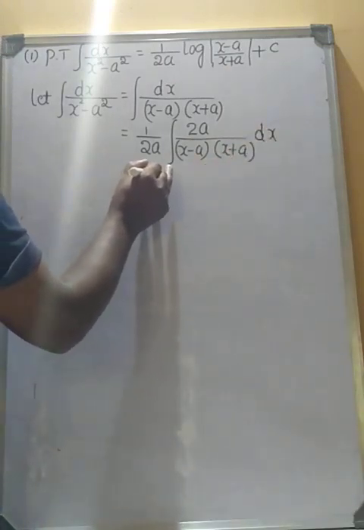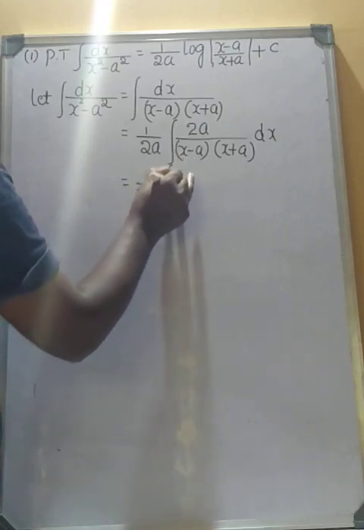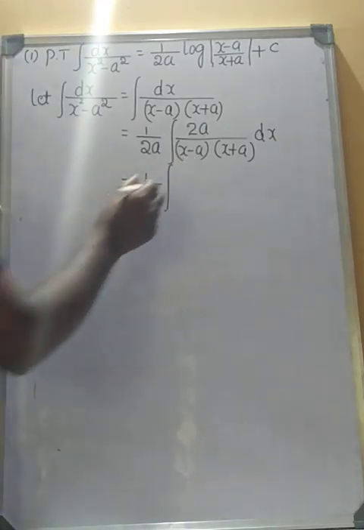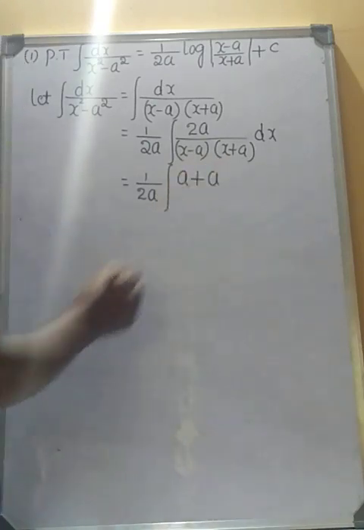That equals 1 divided by 2a integral of 2a can be written as a plus a.